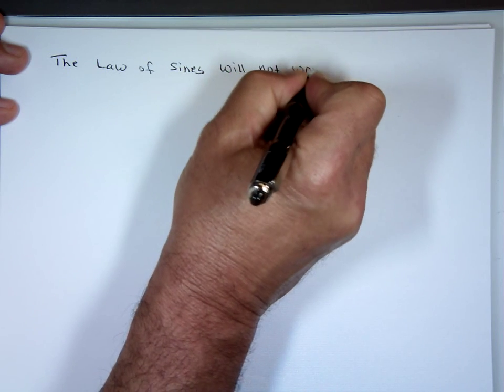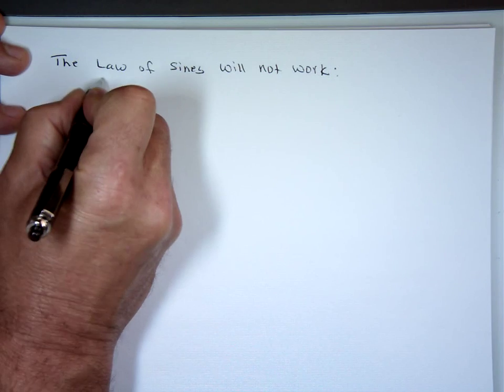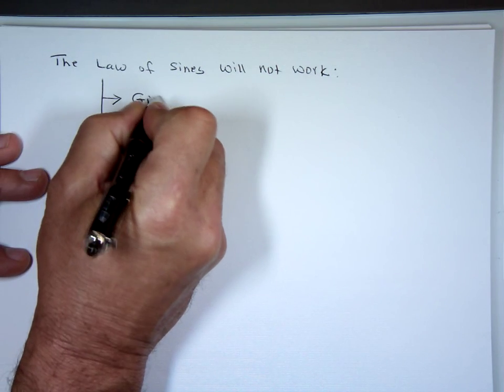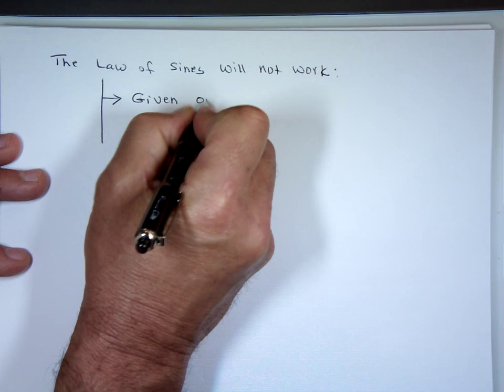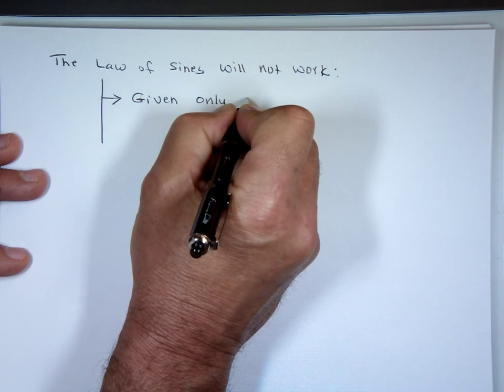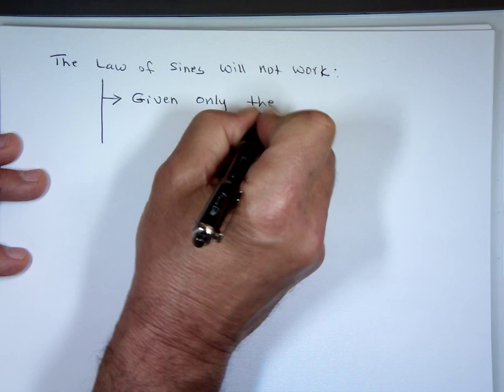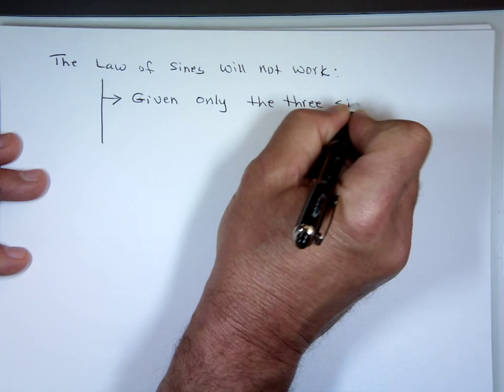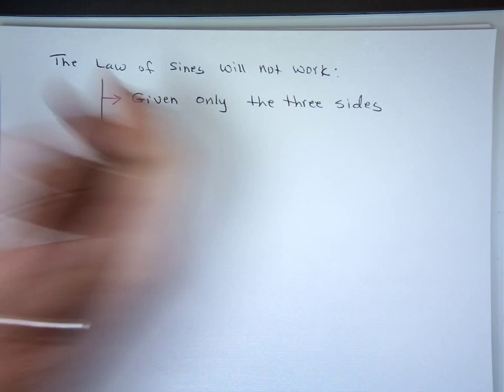Case 1, if you are given only the 3 sides, no angles, then you'll have 2 equations by 2 unknowns, regardless how you look at it.